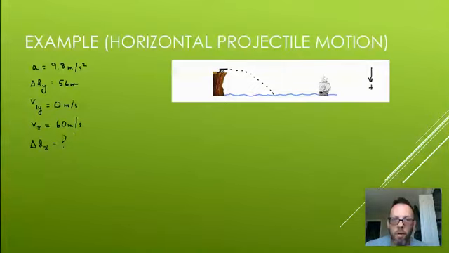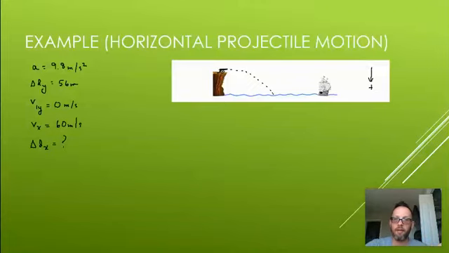In general, the key idea for most projectile motion problems is that time is the connecting factor between both directions. Since we know an acceleration, the displacement, and the initial speed in the vertical direction, we can find, using our kinematics skills, the time it takes for the cannonball to hit the water.